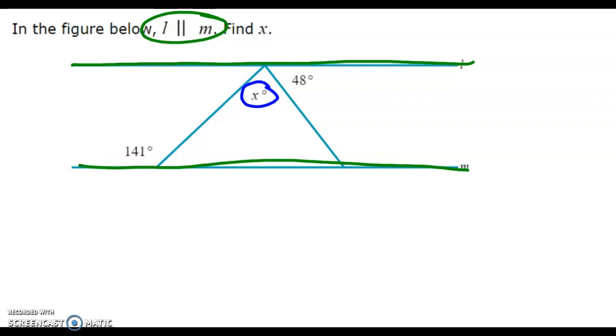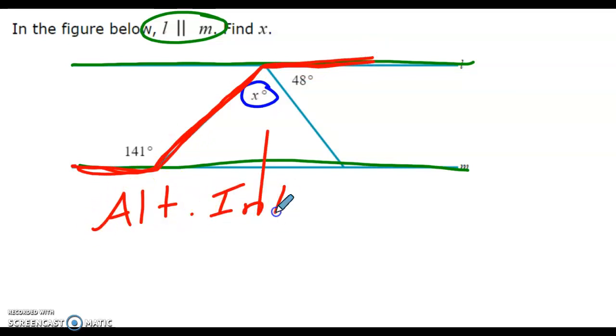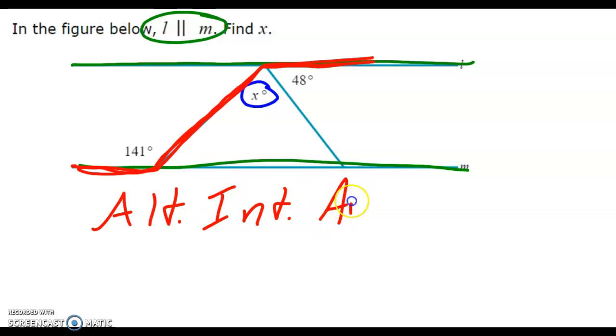Well, I'll tell you right now, one of the mistakes that some of us are going to make, because I made it when I looked at this question the first time, is those are alternate interior angles. So what that means is that they're congruent, right?